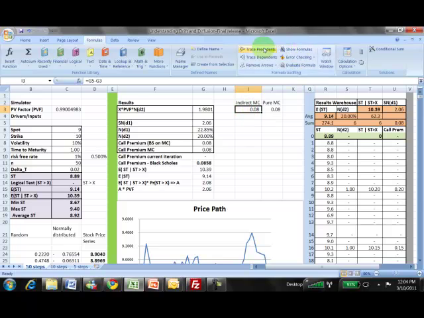And if I look through these results, this value comes from a difference between this one and this one, which is S ND1 minus X PVF into ND2. And then for each of these pieces, ND2 comes from this table, ND1 also comes from this table.